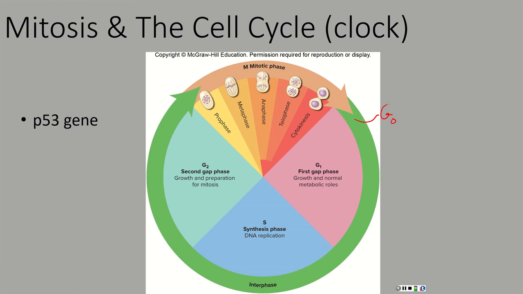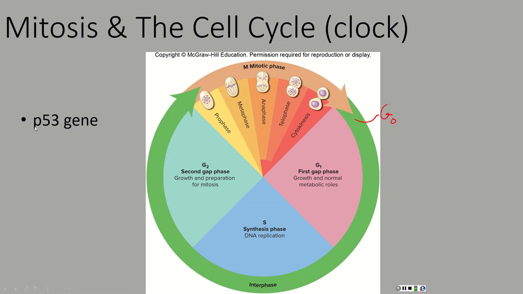Because mitosis makes 2 exact copies of the cell that we started with. Everything about that cell has just been duplicated. So if a cell has cancer and it goes through mitosis, now we have 2 cells with cancer. So the cell has checkpoints to make sure not only do we have everything we need, but is this cell healthy?